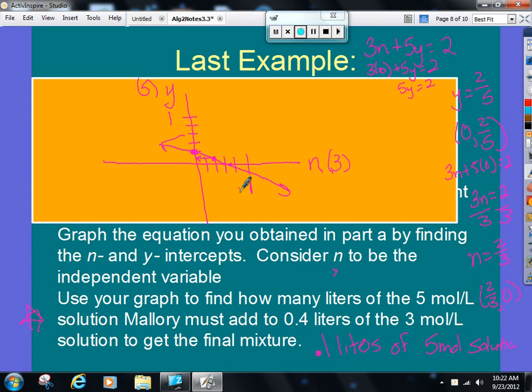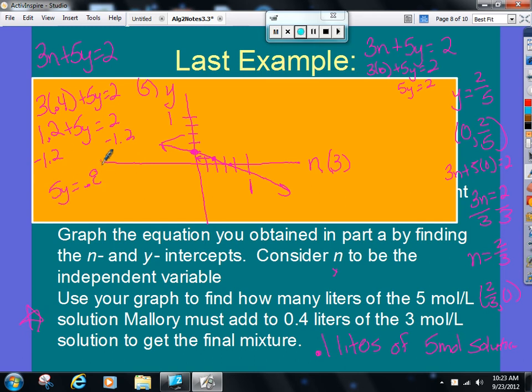Otherwise, what you could do is use the equation here, guys: 3n plus 5y equals 2. They want 0.4 liters of the 3 mole solution, so plug in 0.4 for n. That's 1.2 plus 5y equals 2. Minus 1.2 on both sides, 5y equals 0.8.